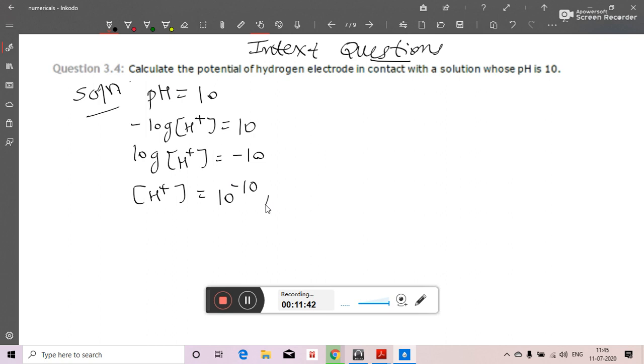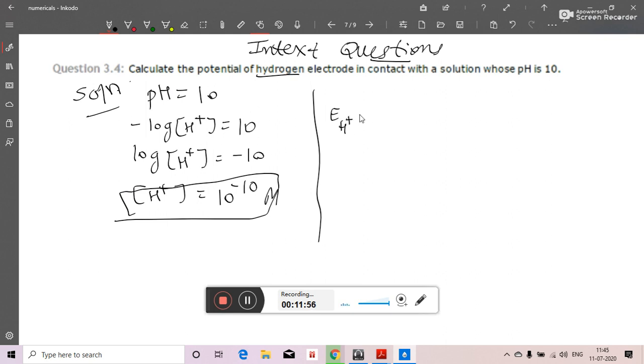Now using this concentration, we have to find out E of hydrogen electrode, the potential of hydrogen electrode. So that is E of H plus H2 equal to E naught of H plus H2 minus 0.059 upon n log of concentration on right upon left.